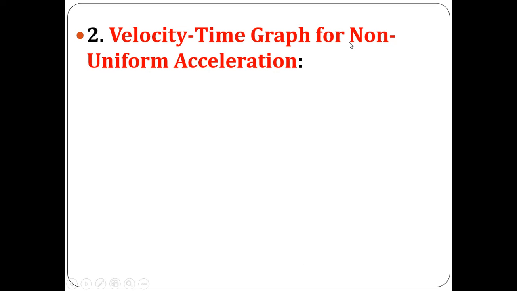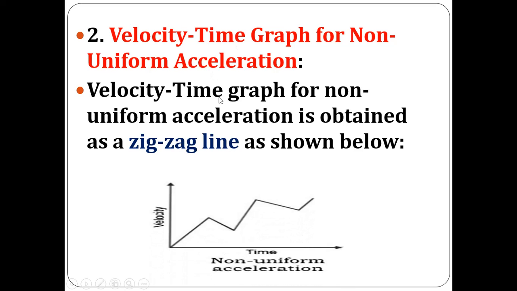Now, when there is non-uniform acceleration by the body, the velocity time graph will be a zigzag line.